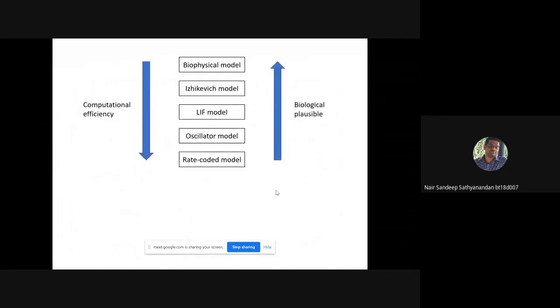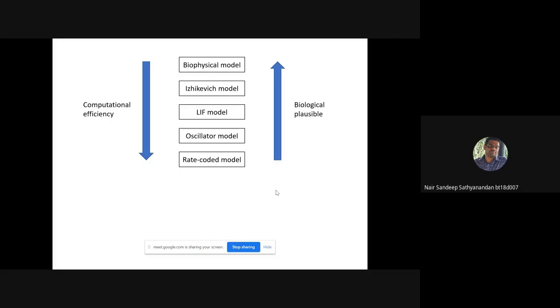Now, this is the flow chart. It illustrates that there is a trade-off between biological plausibility and computational efficiency. The detailed biophysical model is expensive in time and the least computationally efficient. The next model, the Izhikevich model, is close to describing all the biophysical behavior, but is a little bit reduced in terms of complexity.